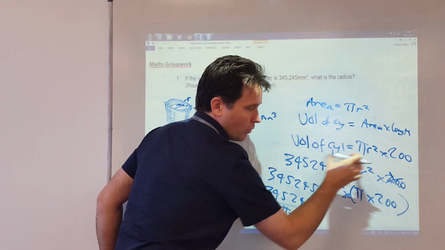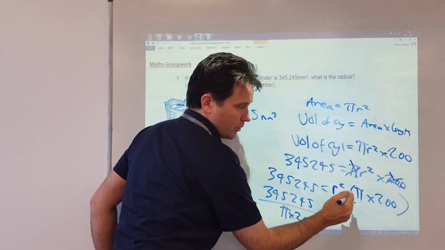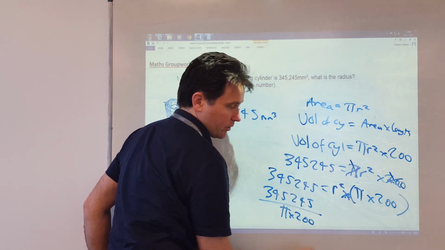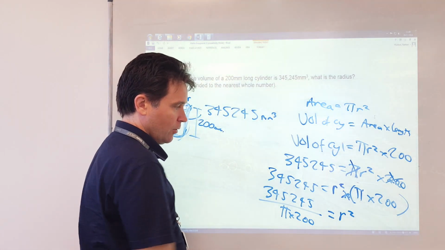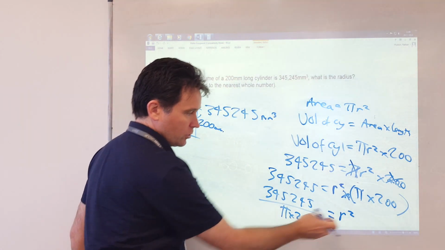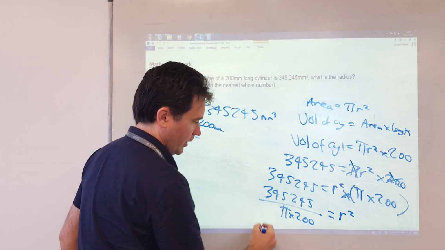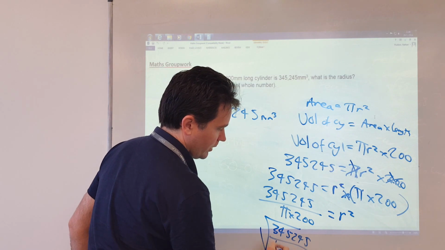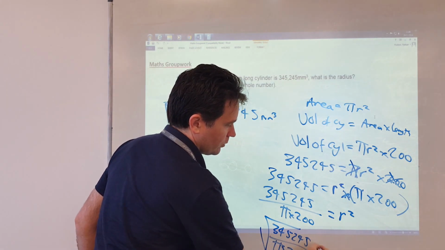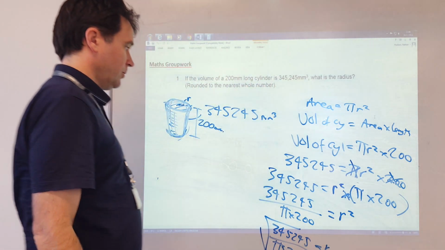You've grabbed it all and put it all over. It's that one that changes to a divide. That leaves you with radius squared. Well, the opposite of squaring is square root. So square root everything that's already there. So square root of 345,245 divided by pi times 200 will give you radius. Fair enough?